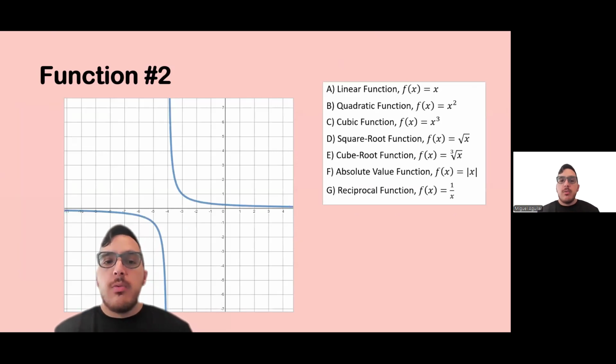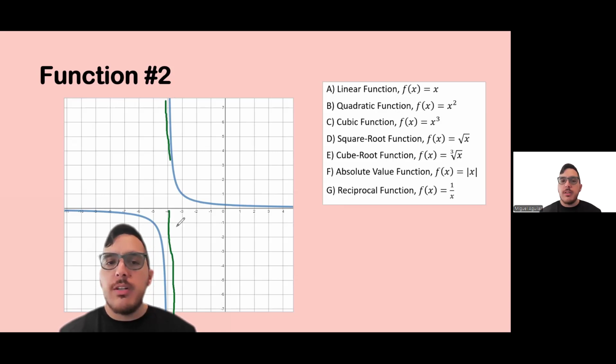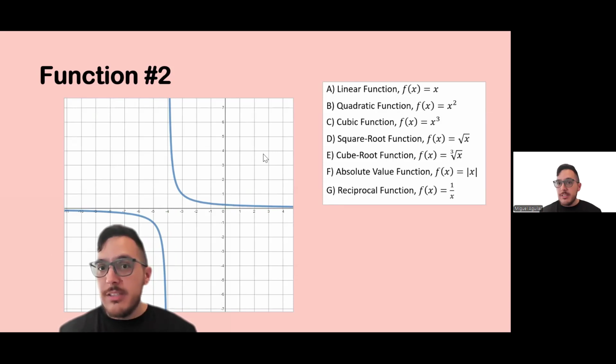The next one, we can take a look at these two functions, two parts of the same function, really. And we can notice that we do have kind of a gap running between those two parts. Okay, so the graph doesn't seem to be intersecting each other. They're not connected. And since we have this gap in the middle, you should be thinking to yourself, oh, this is a rational function, and its parent should be what function?